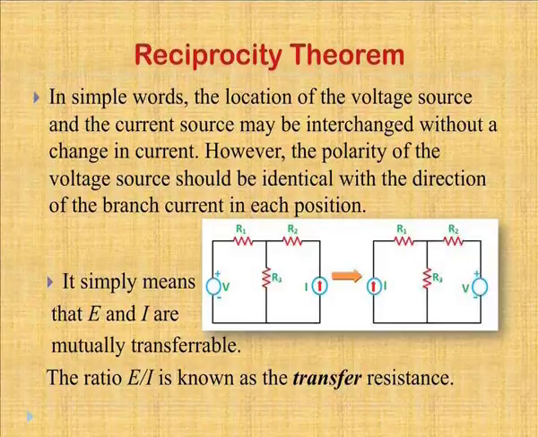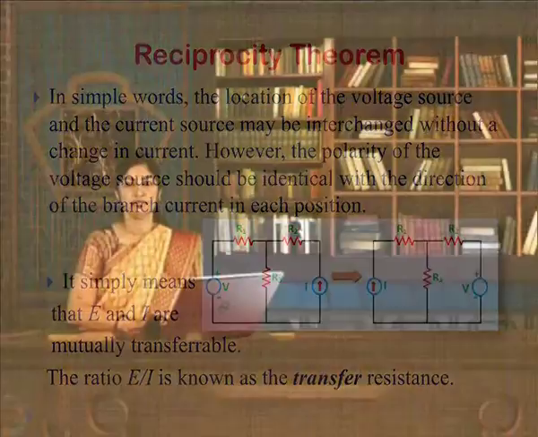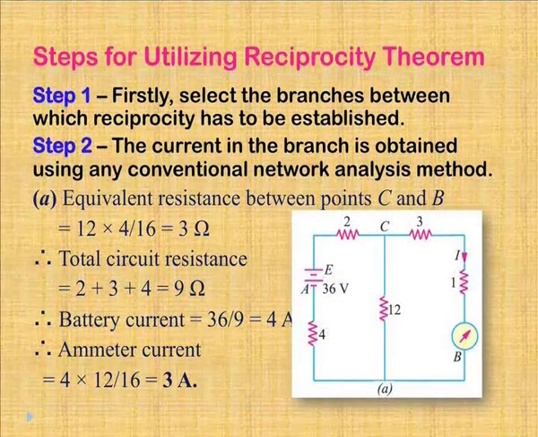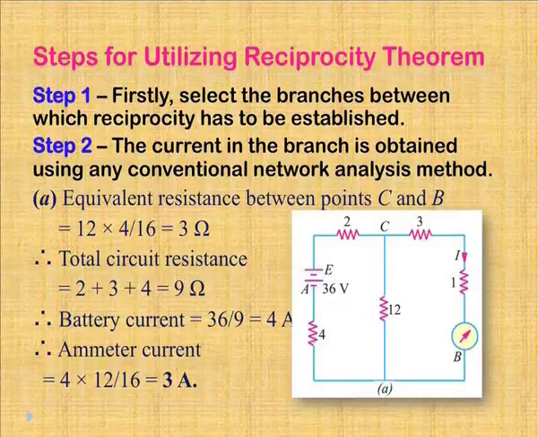So, here we have taken a circuit by using which we have to prove the reciprocity theorem. Firstly, we choose the branch where we have to find the current due to this given voltage source A. So, we place an ammeter in that branch, which is given by the symbol B.